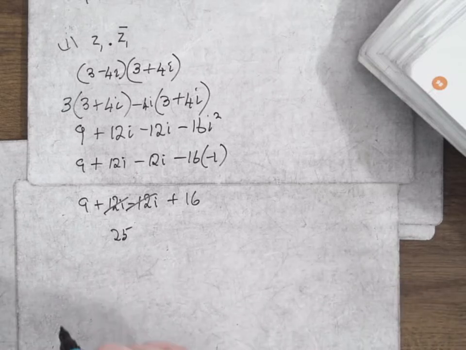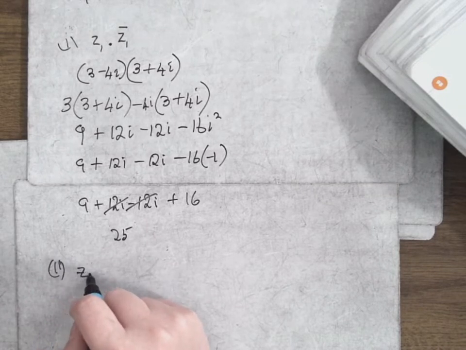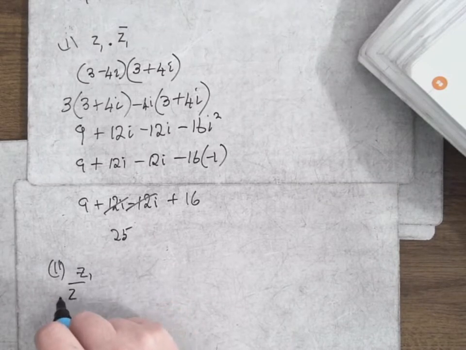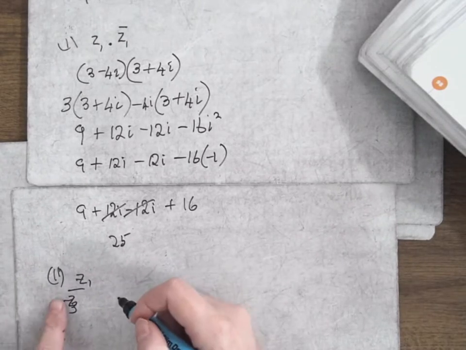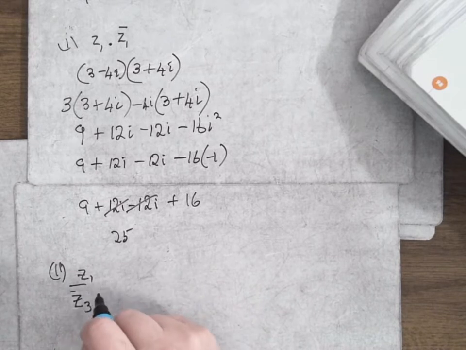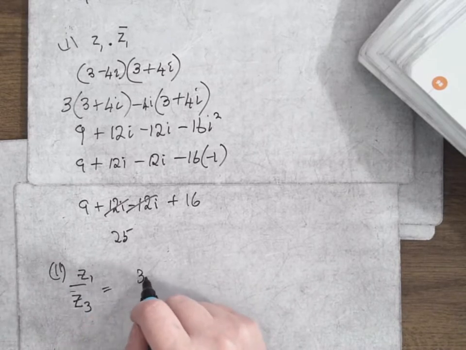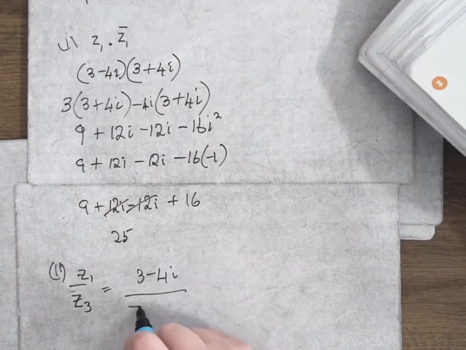Okay. Part 2 then asked me for Z1 divided by Z3. So Z1 is 3 minus 4i. And Z3 is minus 2 plus i.